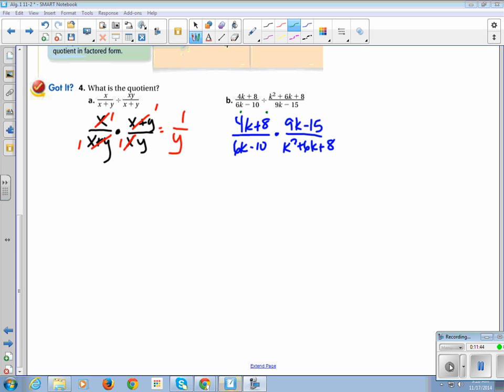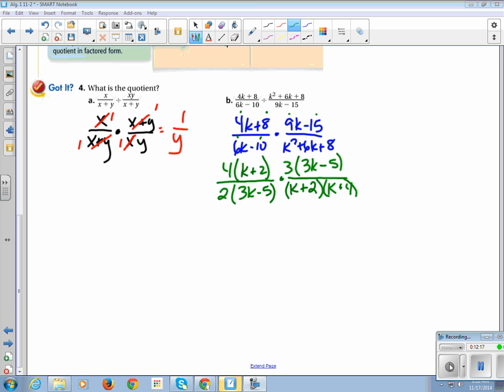So I'm going to factor a 4 out of here. I'm going to factor a 2 out of here. I'm going to factor a 3 out of here. And I'm going to factor this guy. I need two numbers that multiply to give us 8 and add to give us 6. I believe 2 and 4 are my winners.